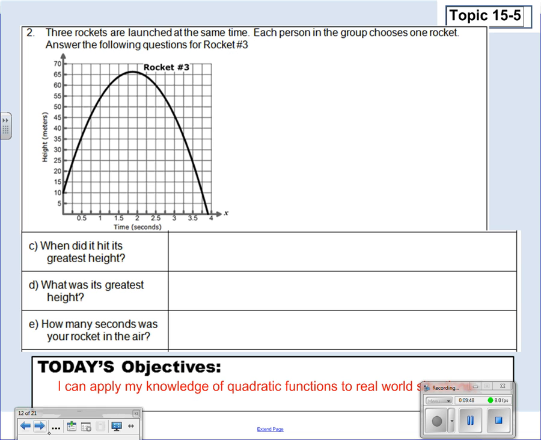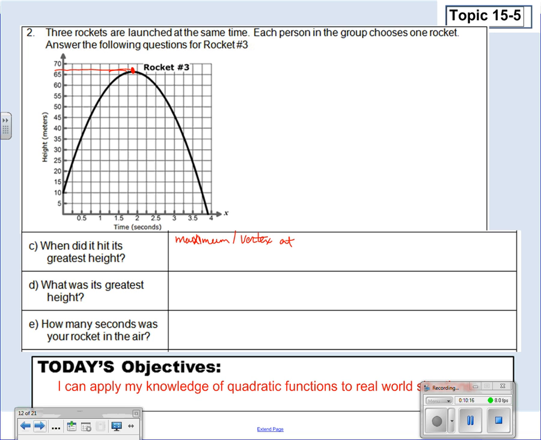When did it hit its greatest height? This is another way of asking about the maximum, also known as the vertex. So we'll look at our maximum or vertex, and it wants to know the height. The height is on the y-axis, so somewhere between 65 and 70 meters.